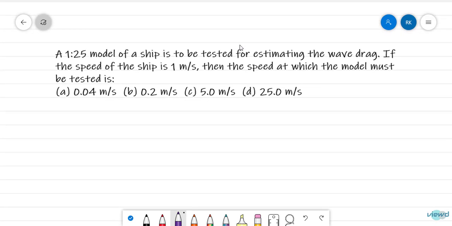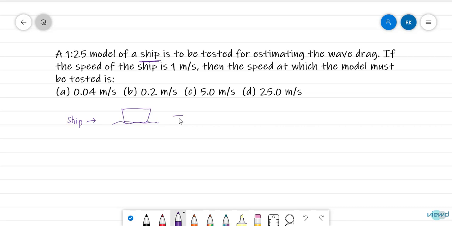Now there is another question. A 1:25 model of a ship is to be tested for estimating the wave drag. If the speed of the ship is 1 meter per second, then the speed at which the model must be tested is? Which law should be applied for this? There is a ship, meaning it is on the sea.